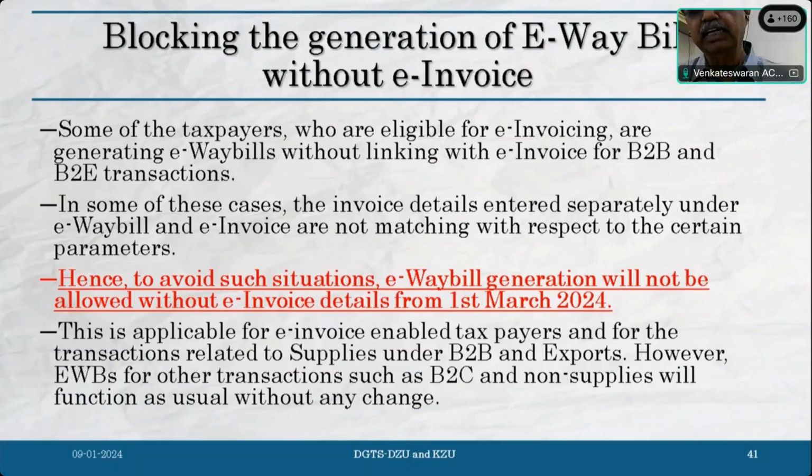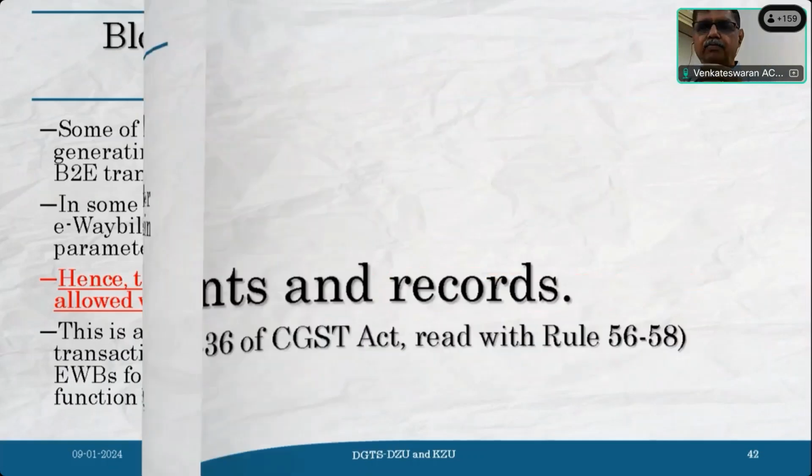Now that is also linked with the e-way bill. So if you are a class of person expected to prepare an e-way bill for B2B supply, B2C export supply or government supply, and you are not generating any e-invoice, you will not be permitted to enter the e-way bill; it is also blocked. You cannot do that. This is a major measure that is going to come into effect from 2024.